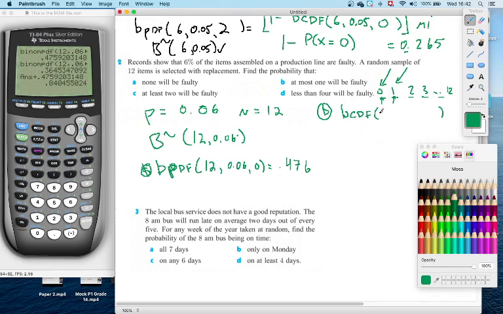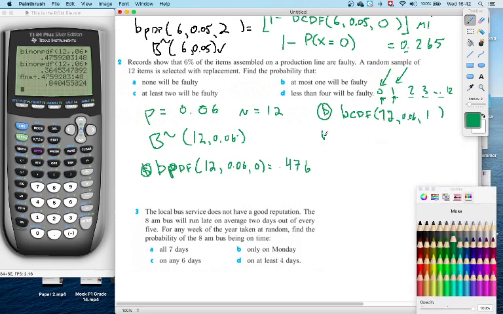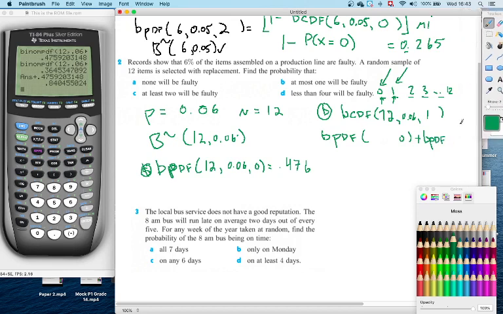So what you could either do is use CDF and put 12 because that's the number of trials, 0.06 and up to 1. Or on the test, you could go Binomial Pdf at the 0 point plus the Binomial Pdf of achieving 1 here.